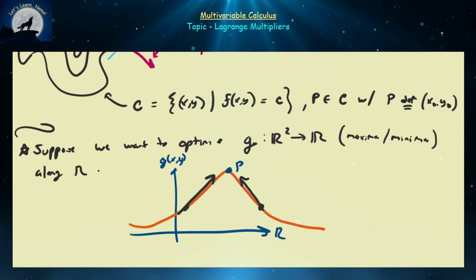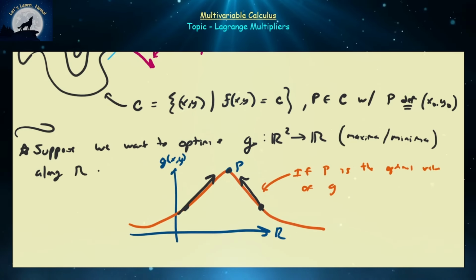If we were to take the gradient at point P, then we're going to have one of two cases. This picture is if P is the optimal value of G along R. You could also equivalently say that P could be the optimal value of f along R, where R is dictated by G of (x, y) is equal to some constant c.